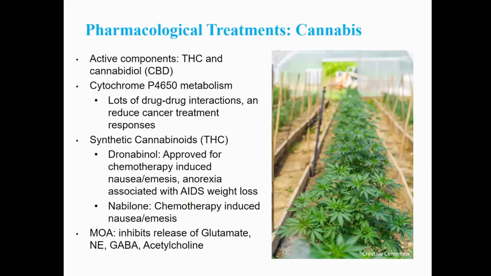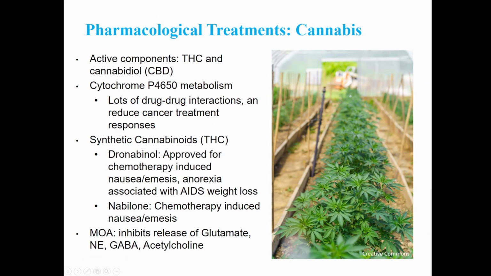So cannabis is something that a lot of patients are aware of or might be using, or might have questions or curiosities about. So it's always important, just as a reminder, to ask patients if they are using cannabis or other forms of drugs, so you can be aware as part of their healthcare team. We know that cannabinoids interact with the cannabinoid receptors, and these can modulate pain perception and inflammation, and can help with analgesia, but also antiemesis and appetite stimulation.